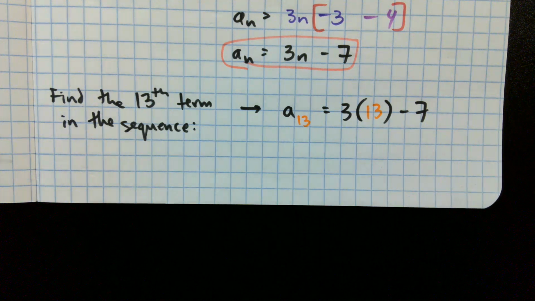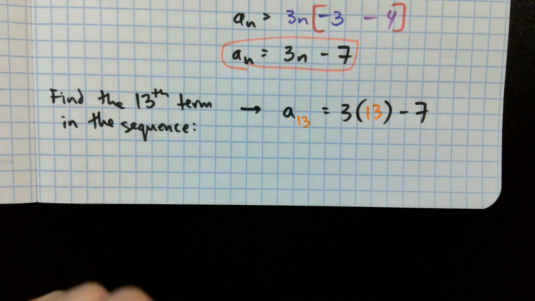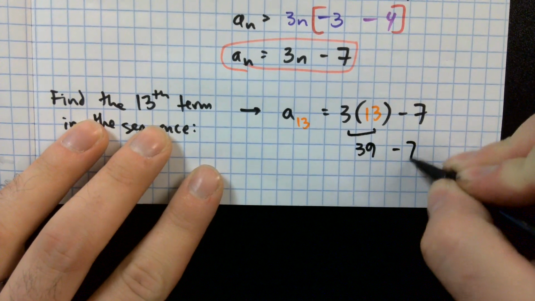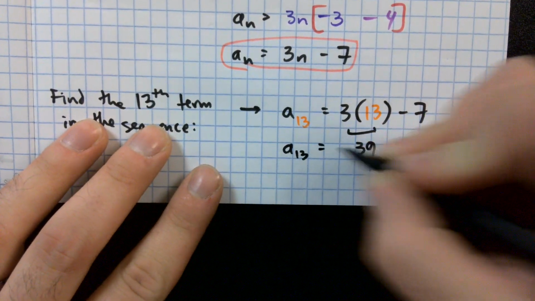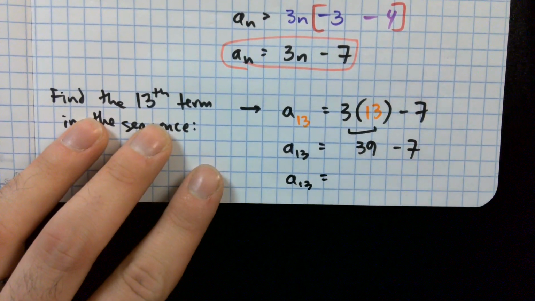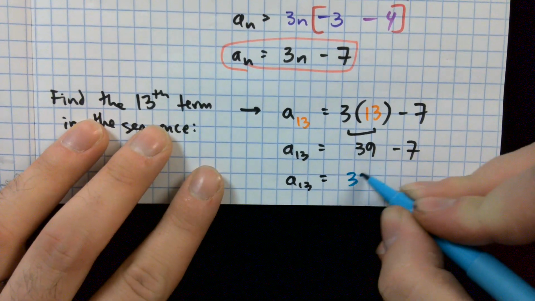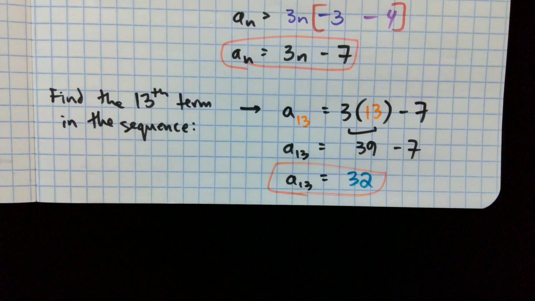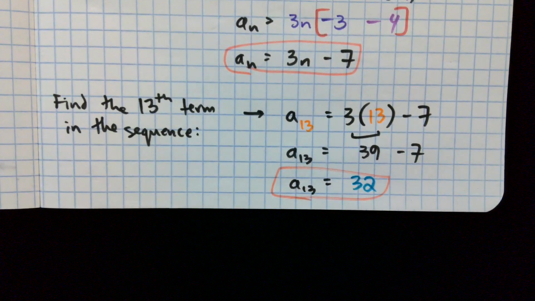Here 13 would be the x. We plug 13 in for x. We evaluate for y. It's exactly like we've been doing. So what's 3 times 13? 39. Then minus 7 is 32. So the 13th term in this sequence should be 32.